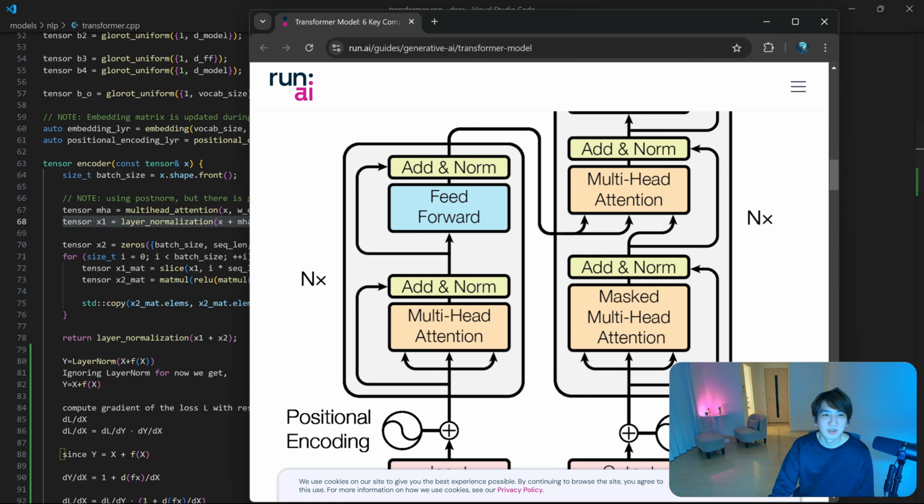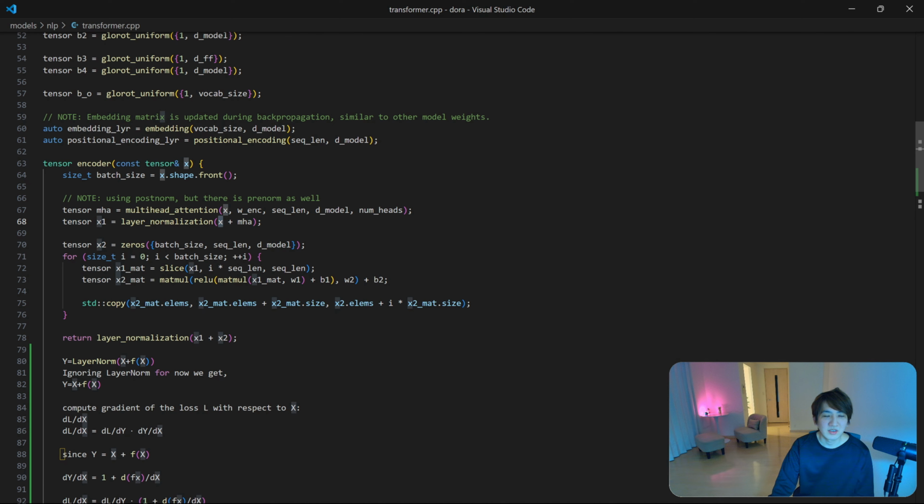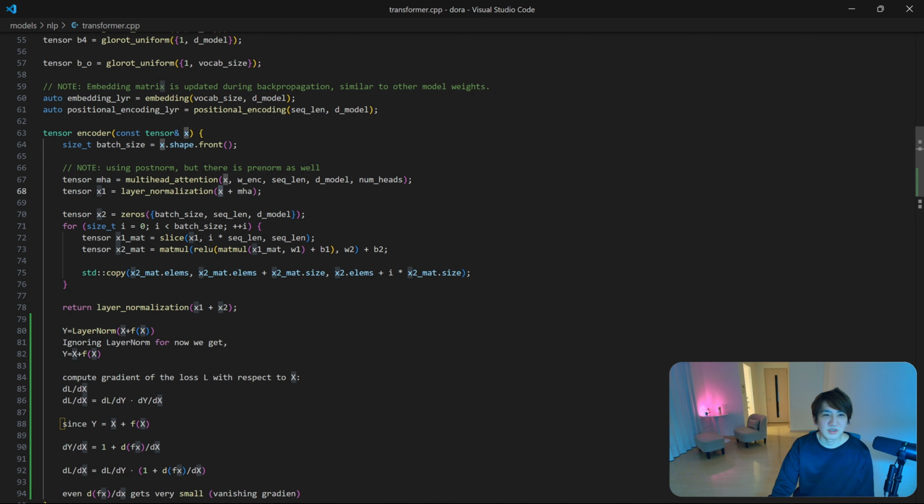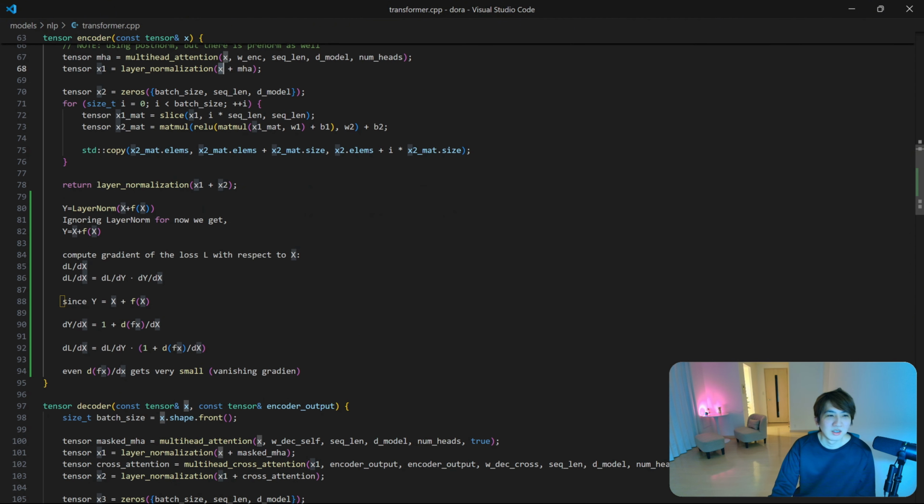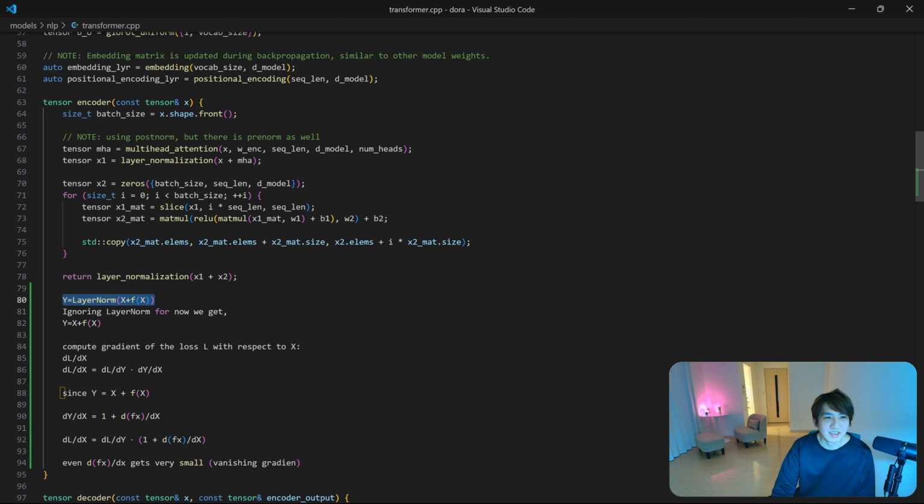So by adding x, the gradients never vanish. The reason is, this is the y. I mean, this equation corresponds to these lines.